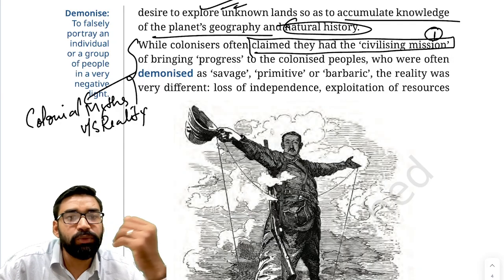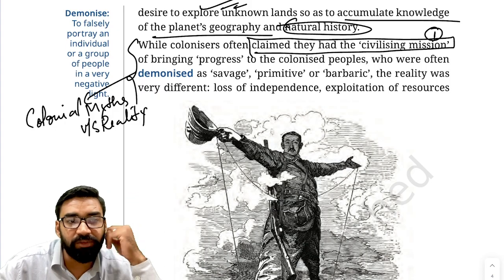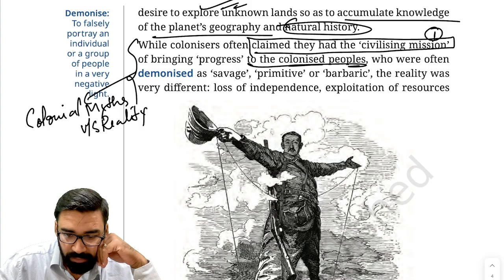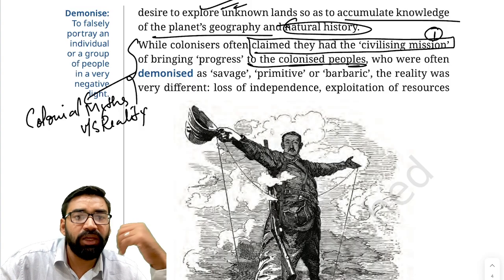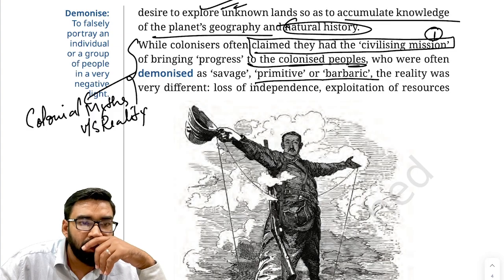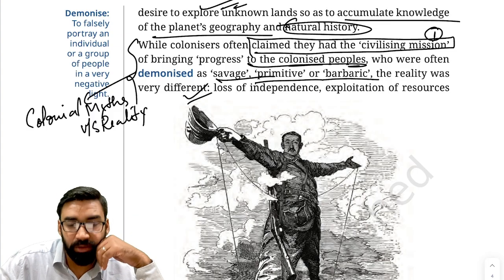So the Britishers generally used to say that they were on a civilizing mission to bring progress to the colonized people. They used to call colonized people primitive or barbaric, or demonized them as savage. And reality was very different.